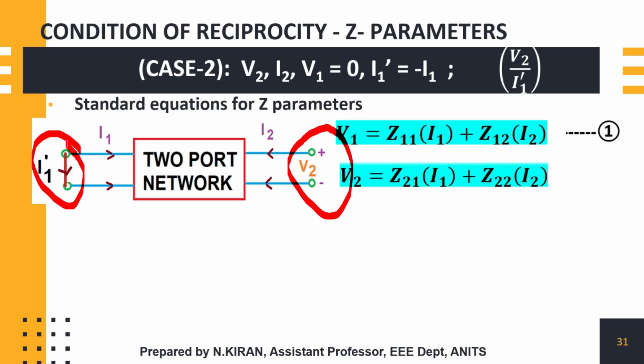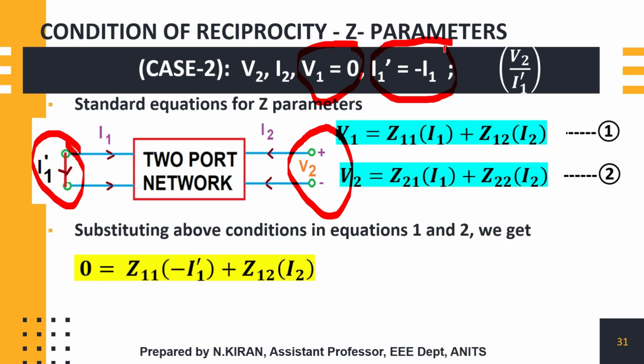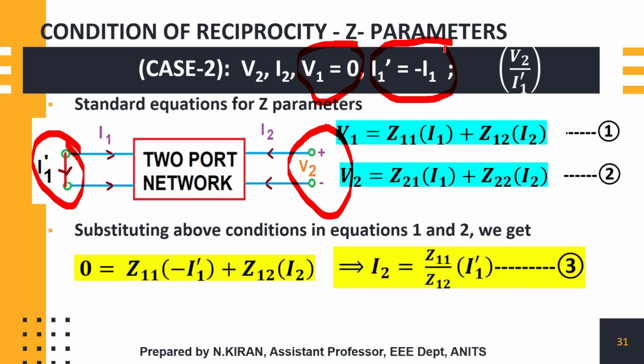So the standard equations we know for Z parameters are as follows. These conditions, that is V1 is equal to 0 and I1 is minus I1 dash, I'll substitute in the first two equations. So the first equation becomes 0 is equal to Z11 times minus I1 dash plus Z12 I2.